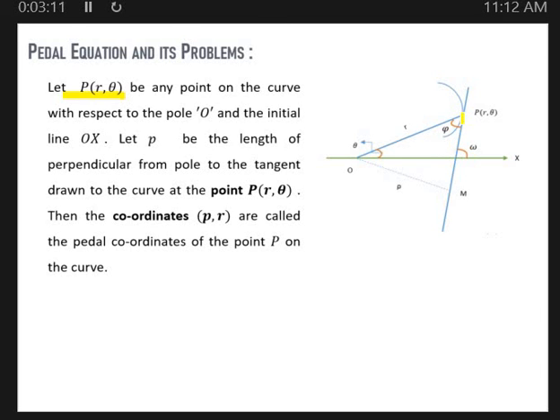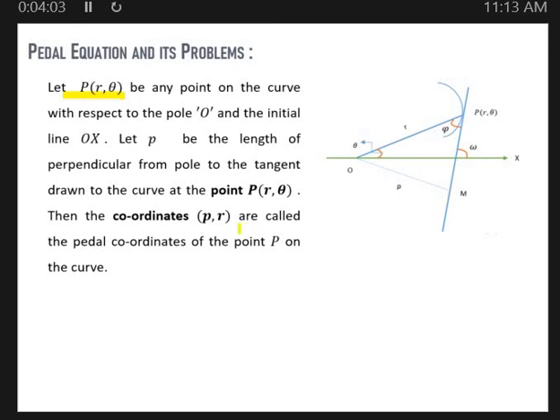On the curve, we have marked point P with the coordinates r comma theta, and the line joining P to O is called radius vector, that is denoted by r. Let p be the length of the perpendicular from the pole to the tangent. At the point P, we have drawn a tangent PM, joined OM, which is the perpendicular length from the pole to the tangent.